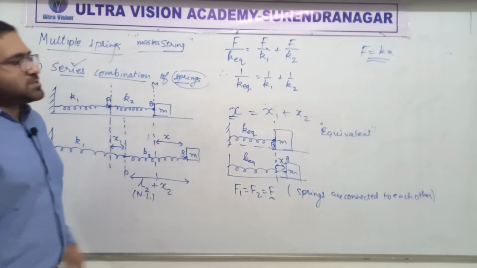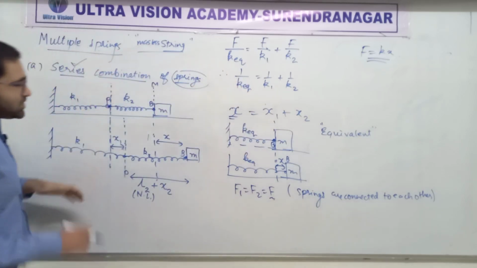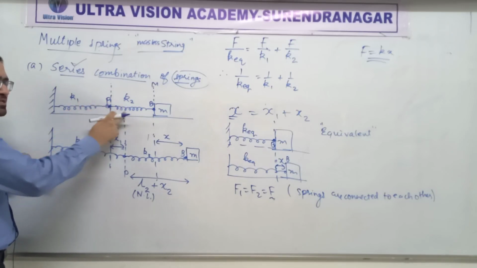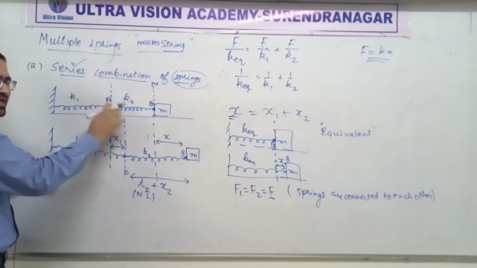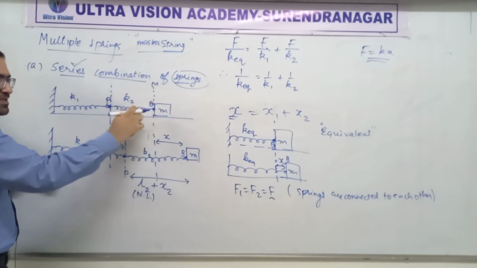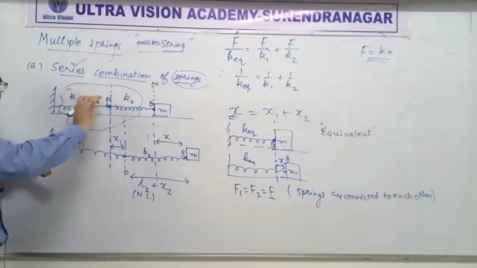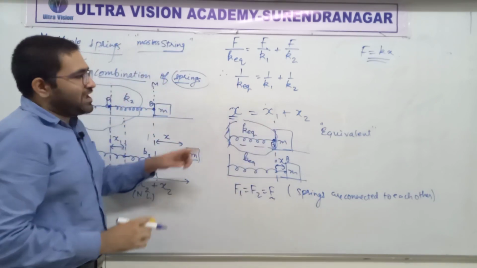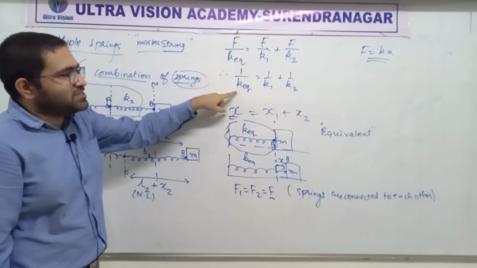What's the meaning of this equation? Listen. It means that if you have two springs and you attach them in series and then you put a block and make it oscillate, then these two springs together behave as if there is only one spring like this, and its equivalent spring constant will be given by this relation.